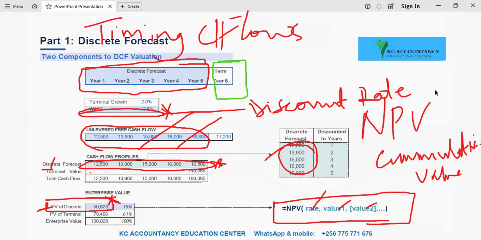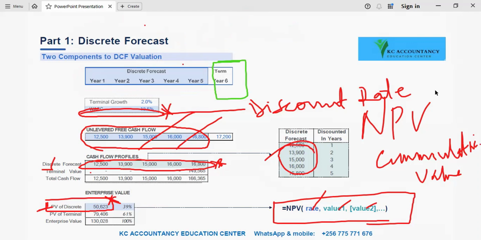What do you think is the logic there? It never asked us the timing of those cash flows.